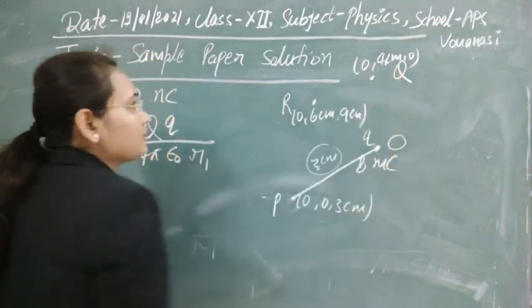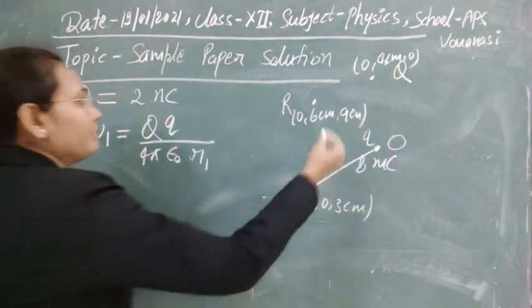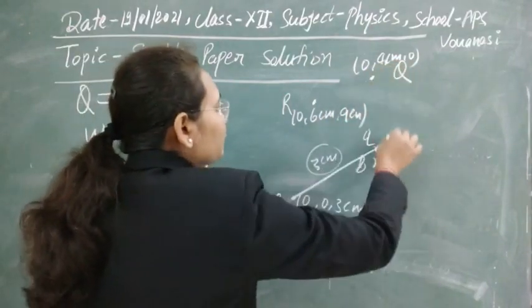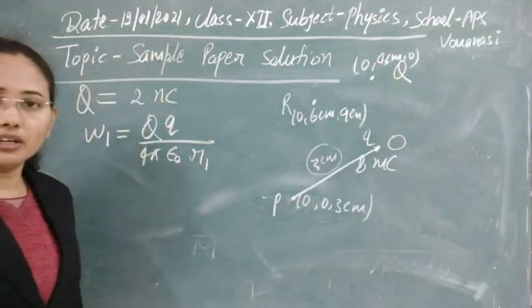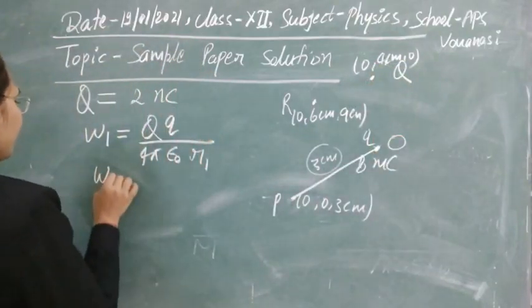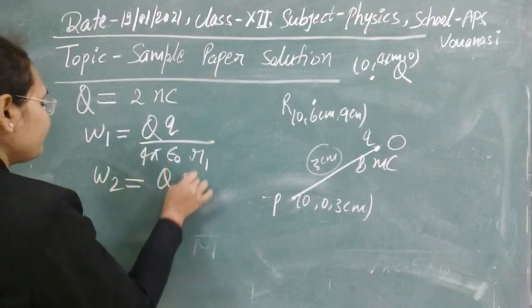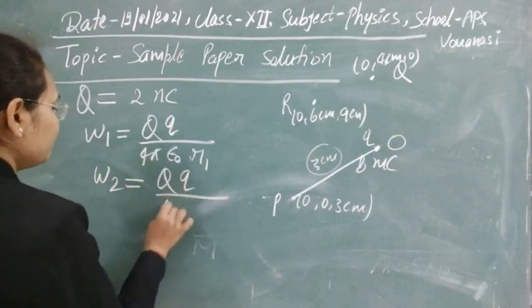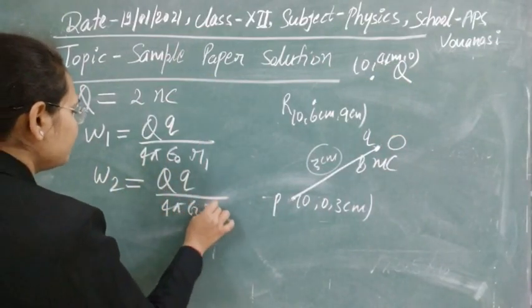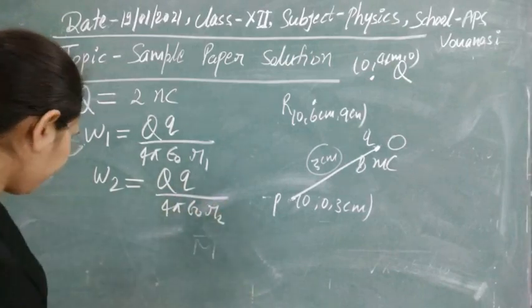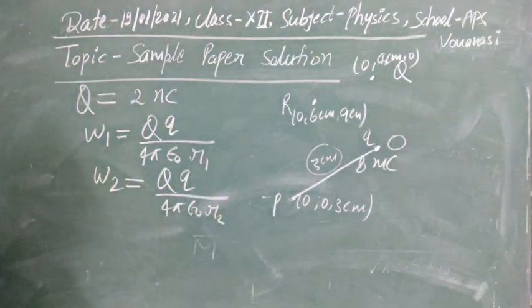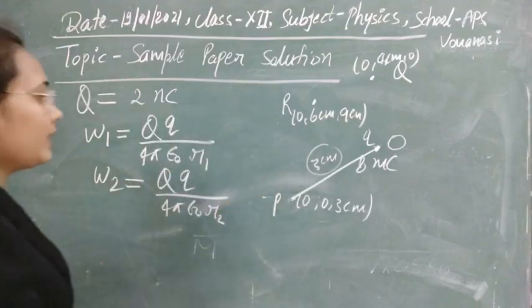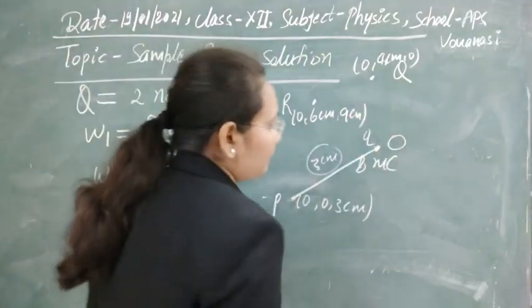Now see, when we move the charge from Q to O, what will be the work done during that process? In that process, the work done will be Qq upon 4 pi epsilon 0 R2. But here you are seeing that the charge moves in opposite directions.